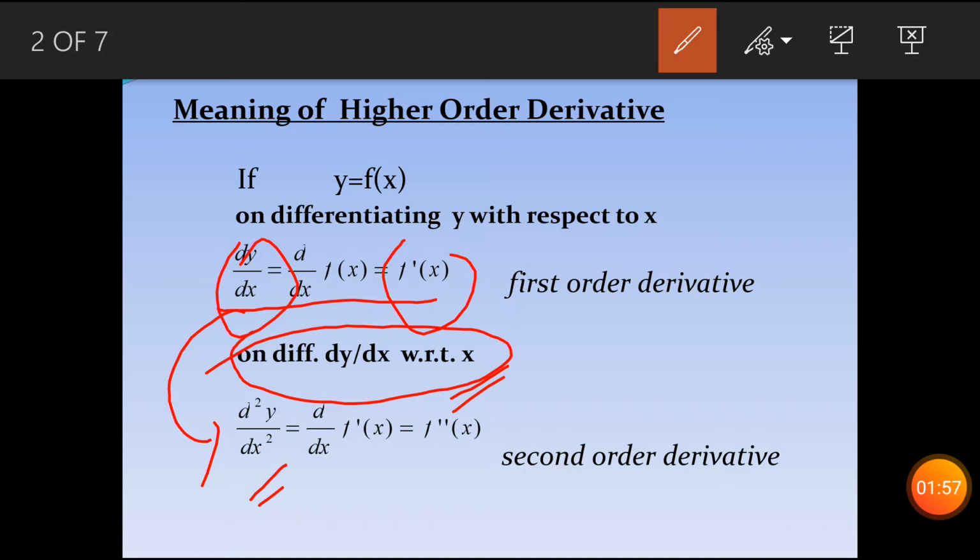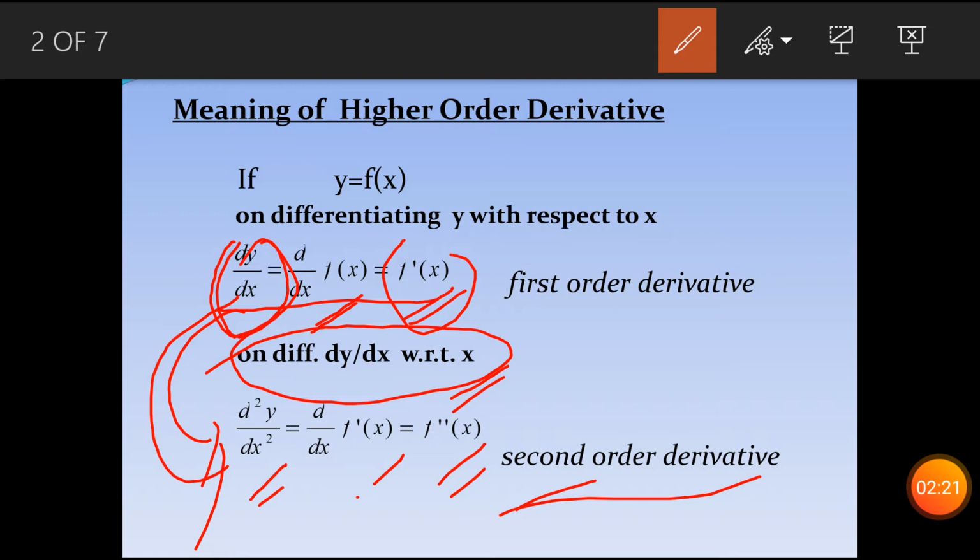As you are differentiating it the second time, here it was only dy/dx, we are not using 1 here. As we are doing it second time, we are going to write d²y/dx², and in place of this we are going to write d/dx of f'(x), and finally we will use f''(x). Double dash, that's why we call it second order derivative.